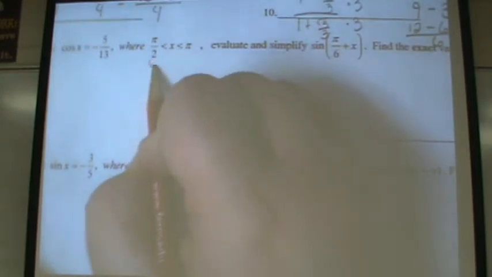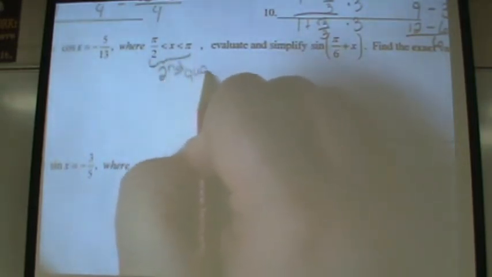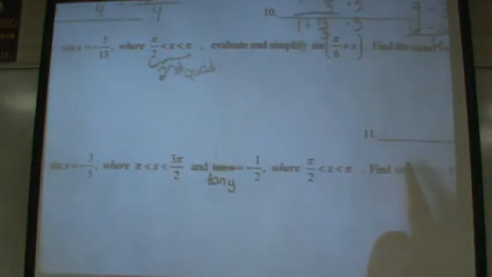This angle is between pi over 2 and pi. That tells us that we are in the second quadrant. So we know we're in the second quadrant. So we're going to draw an angle over in the second quadrant.